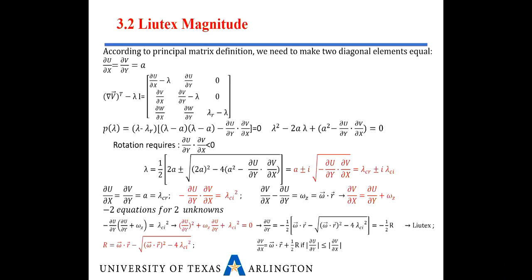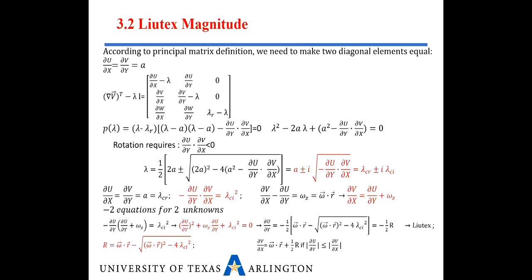So we need to find two unknowns, and we need two equations. The two unknowns are partial u, partial y, and partial v, partial x. Solving this, we get partial u, partial y, and then we get the result. That's what we said: two equations, find the two unknowns.